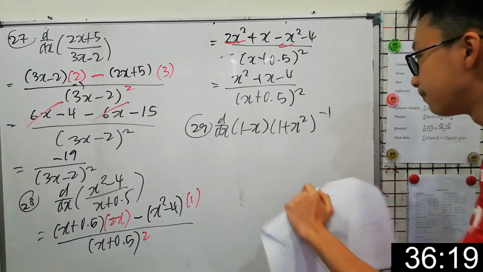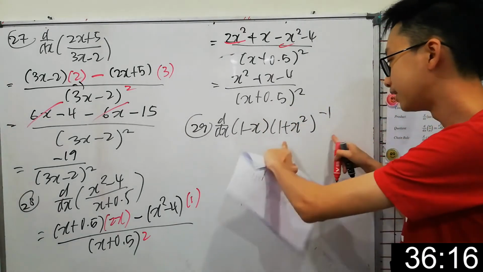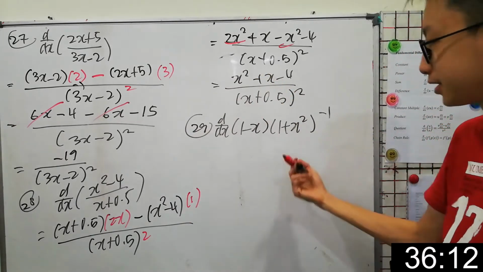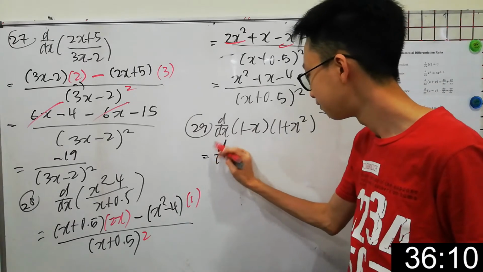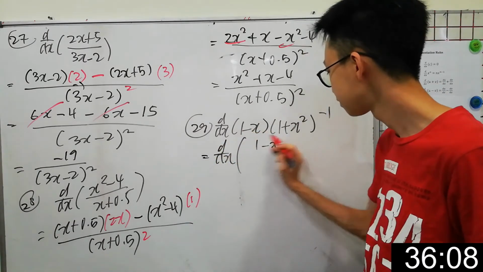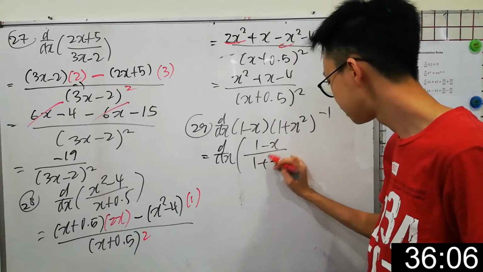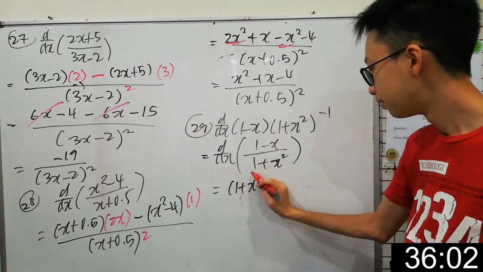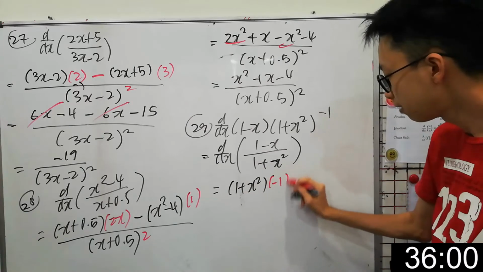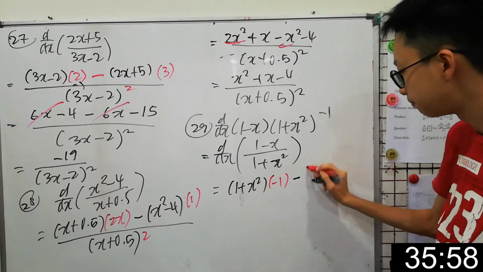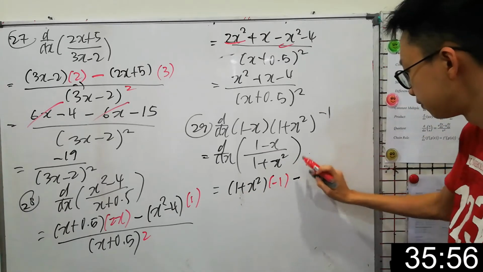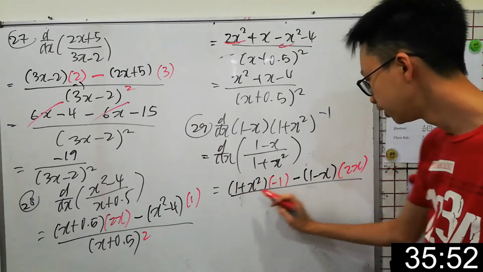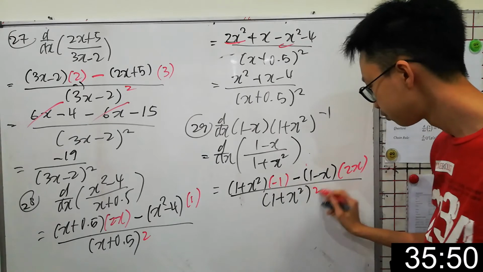You can actually use a product rule and a chain rule here, but for now, since we are doing all the quotient rule, let's just use the quotient rule. So I'll write one more step for you. This is 1 minus x over 1 plus x squared. We copy bottom, differentiate top, minus copy top, differentiate bottom, over bottom squared.